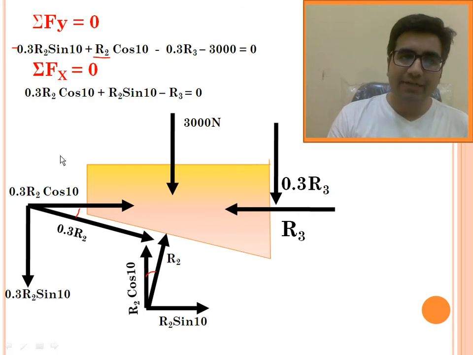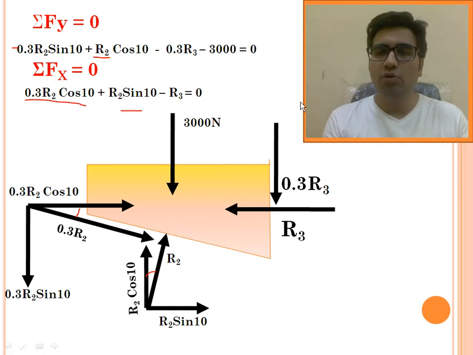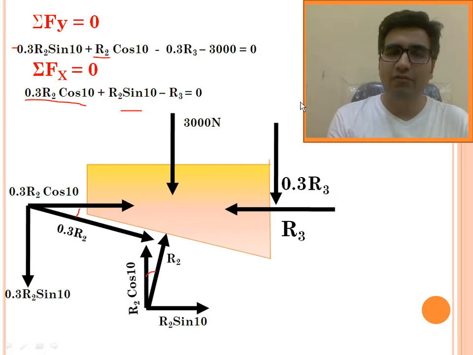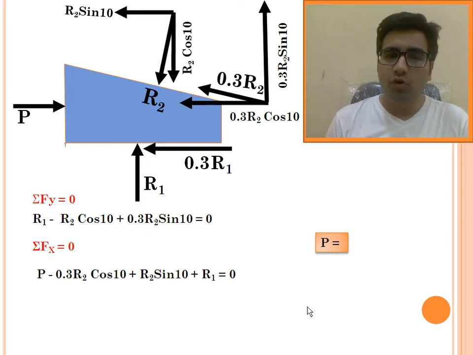Applying summation Fx equals 0: plus 0.3 R2 cos 10 plus R2 sin 10 minus R3 equals 0. With these two equations, we are going to get the value of R2 and R3. So my dear friend, I request you all to use a calculator and find the value of R2 and R3. Next we are going to do the analysis of the lower wedge. The lower wedge is weightless, so it is going to experience only the applied force, the frictional force and the normal reaction.